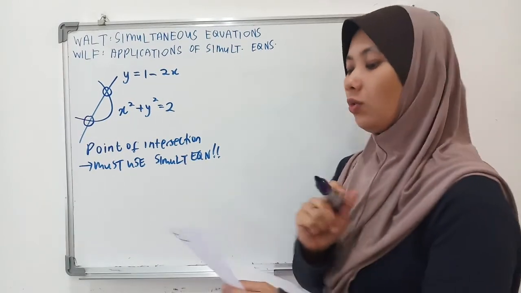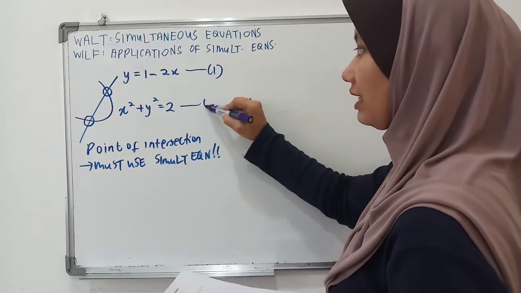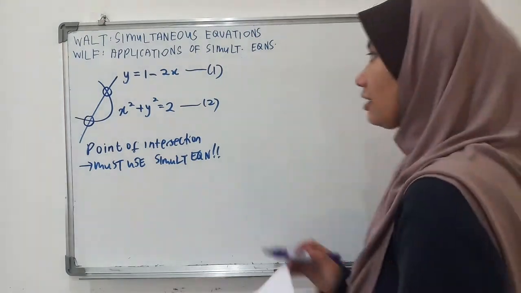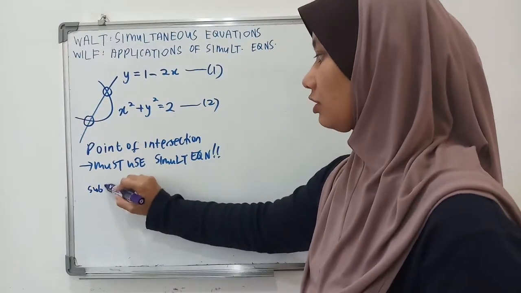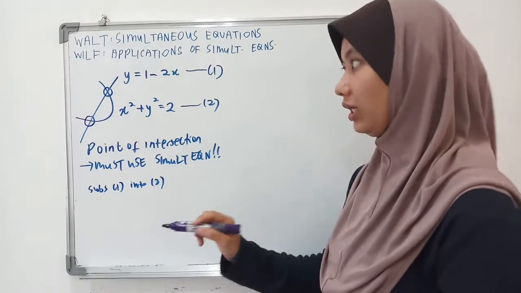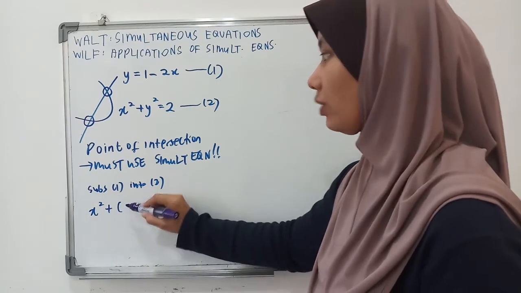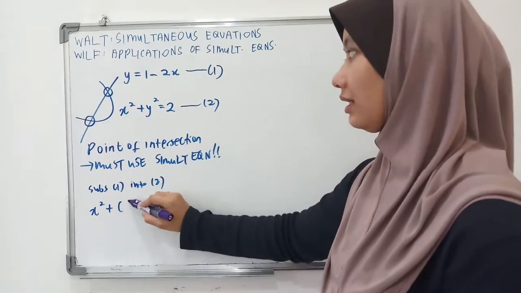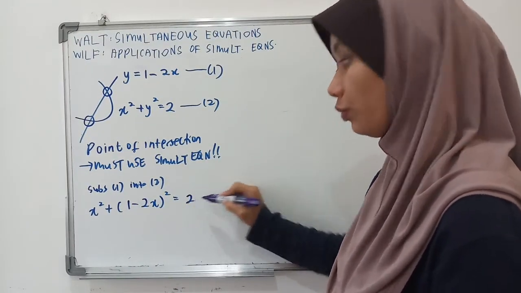Now how do we do simultaneous equation? I denote that as the first equation and that as the second equation. We substitute the first equation into the second equation. So you will get x squared plus, instead of y squared, I take the first equation, put in 1 minus 2x, and then square, equals 2.